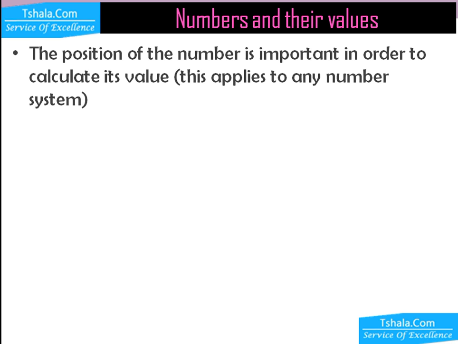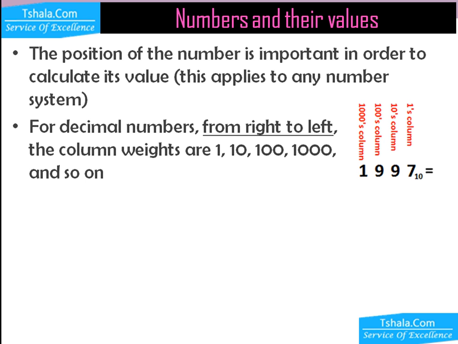Understanding numbers and their values. The position of the digits is really important in order to calculate the value, and this applies to any number system. For decimal numbers, for example, starting from right to left, the column weights are 1, 10, 100, 1000, and so on.